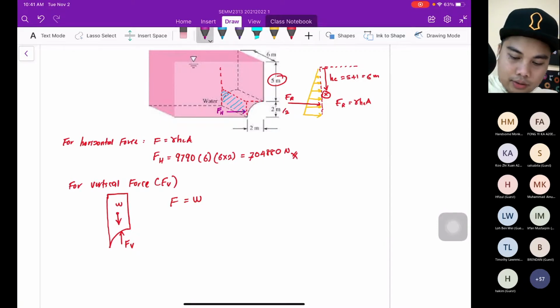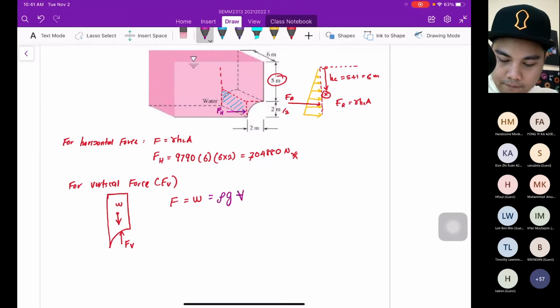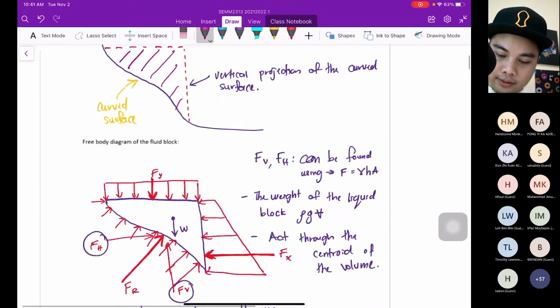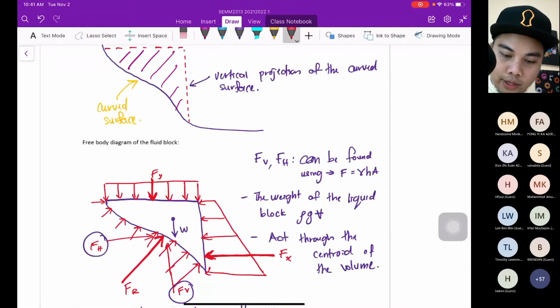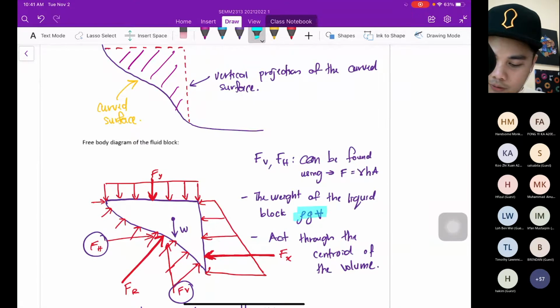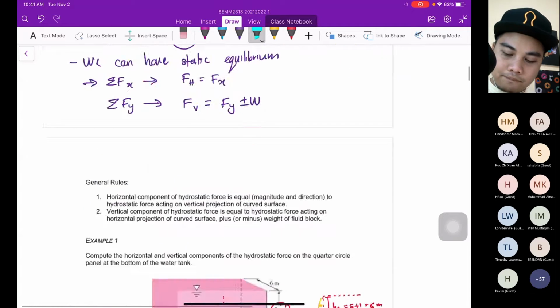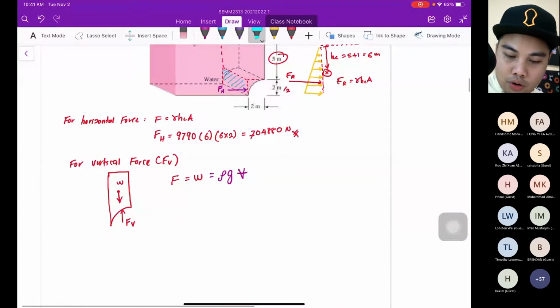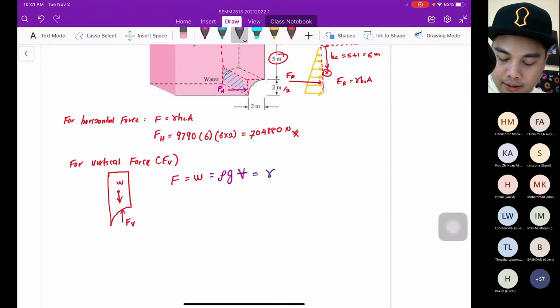Weight. Okay, let's expand. The weight is equal to rho g V, as I explained before. The weight of the block is equal to rho g V, or gamma V, because rho g is gamma.